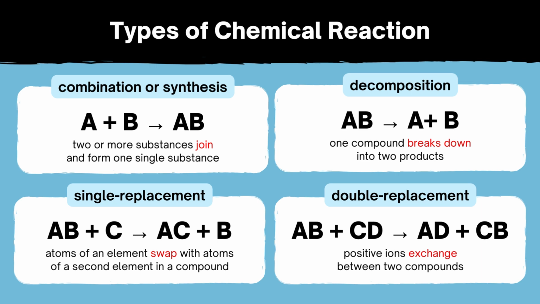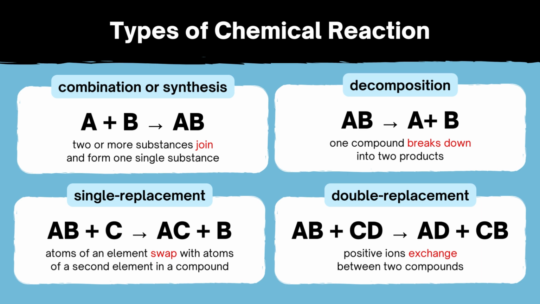So after the chemical reaction, the partner of C is A and B remains alone on the other side. Next, we have the double replacement. AB plus CD will yield AD plus CB. Here, positive ions exchange between two compounds. Both letters exchange with their respective partners.